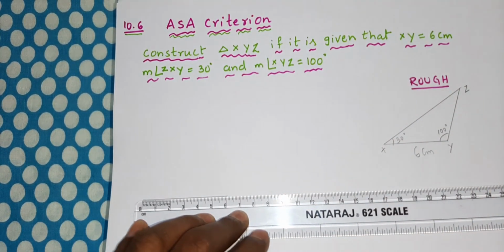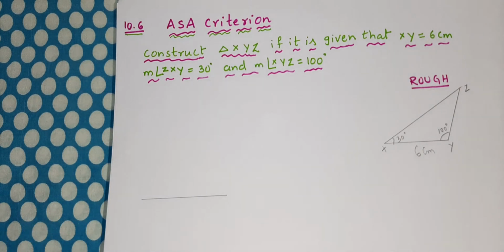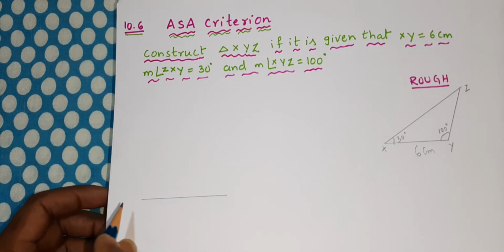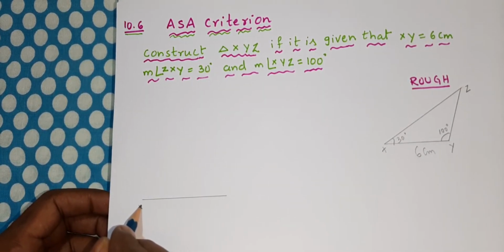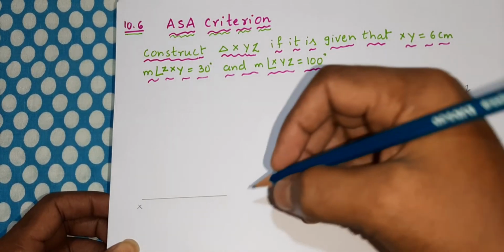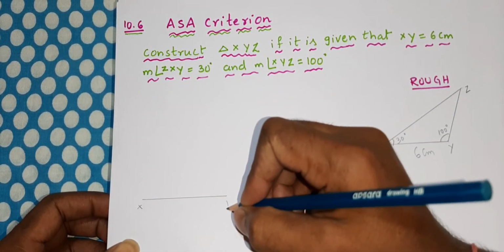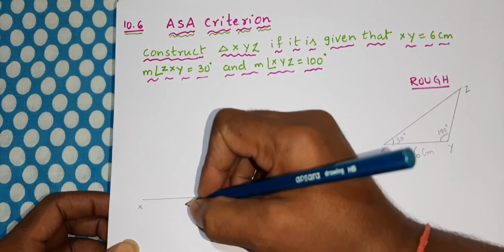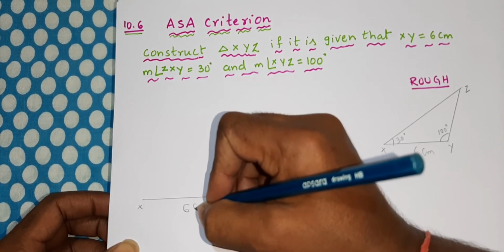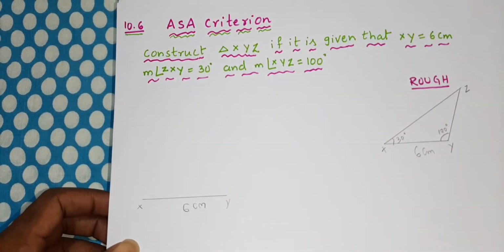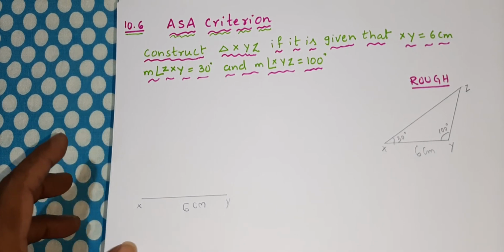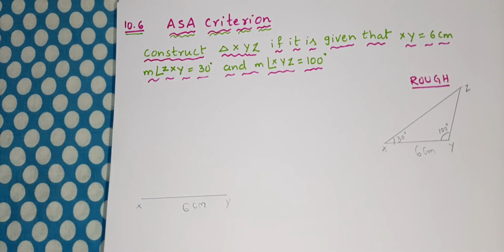This is XY, 6 centimeter. This is X and this is Y. So children, whenever you are constructing a line segment, see that it should be accurate.